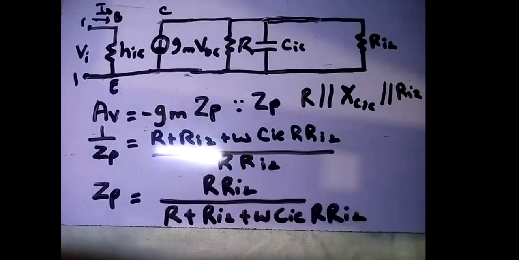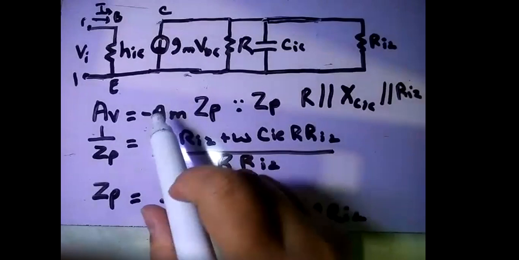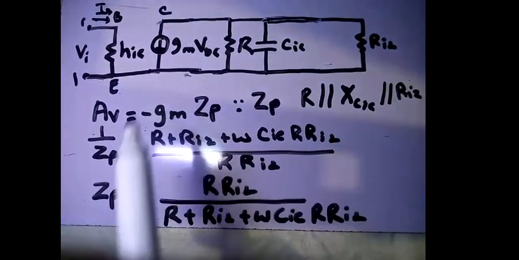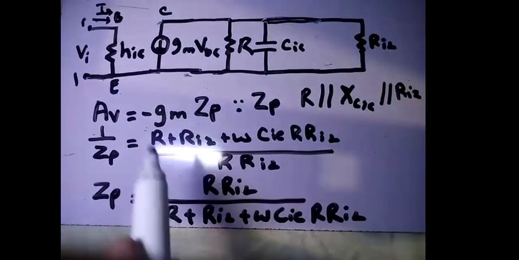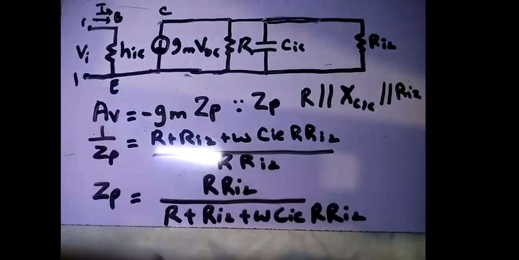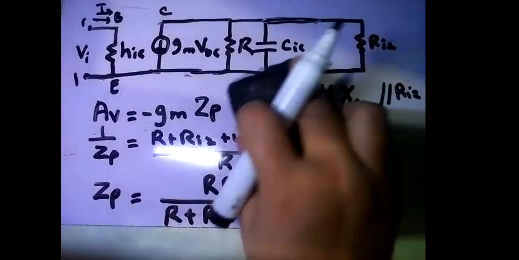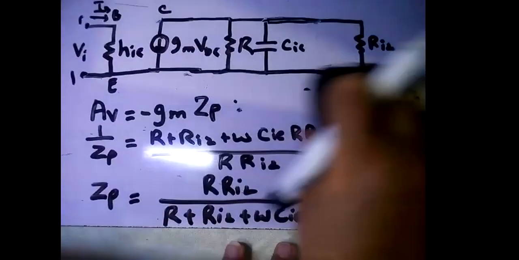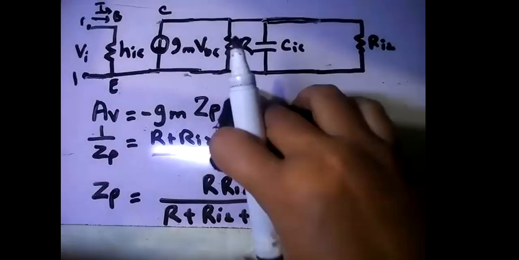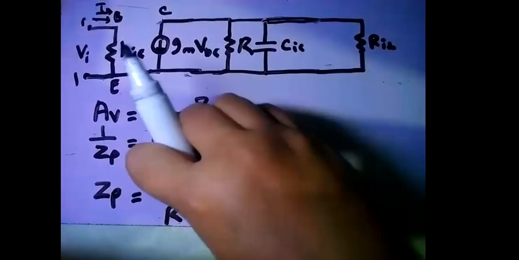Now, as we have calculated the impedance, we will put that in this formula in order to measure the high frequency response gain. So simply we will be putting that. I have already written the gain formula.